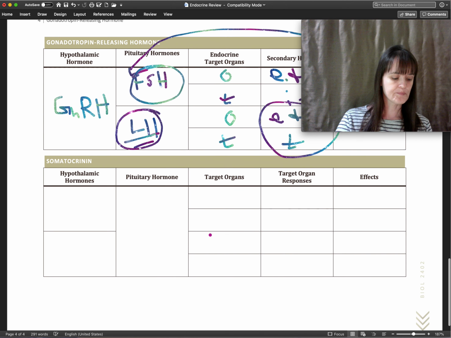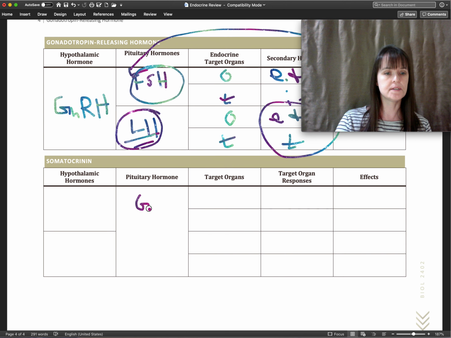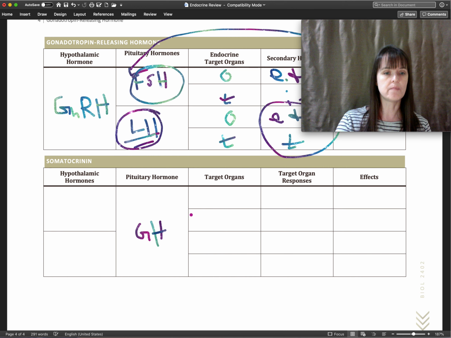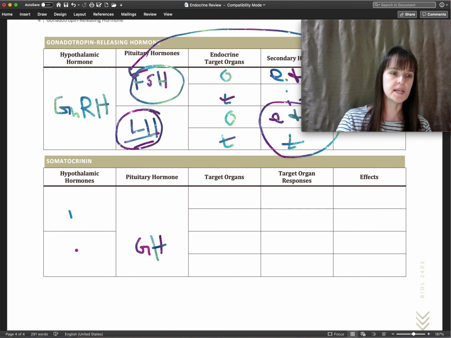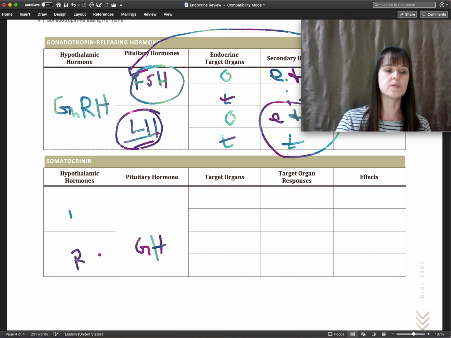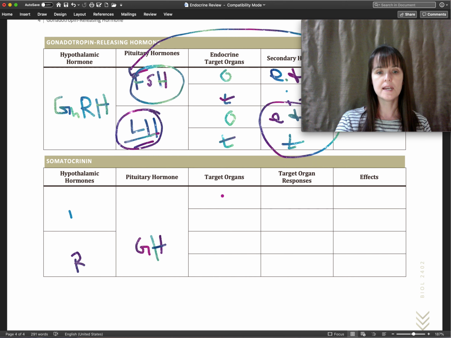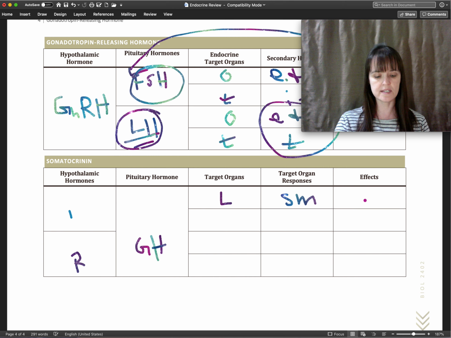Okay, next is growth hormone, which is somatotropin. And we have growth hormone inhibiting hormone and growth hormone releasing hormone, and those both have somatoterms. Our first target organ here is the liver, and it makes the somatomedins, and they cause tissue growth and protein synthesis.